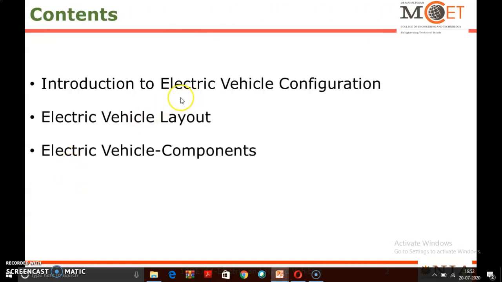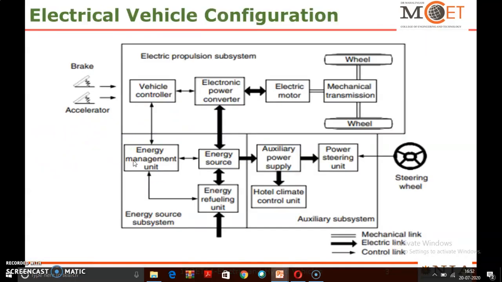So here we will see the electric vehicle configurations, electric vehicle layout and electric vehicle components and their roles one by one. In electric vehicle configuration, it comprises the electric propulsion subsystem, energy source subsystem and the auxiliary subsystem.